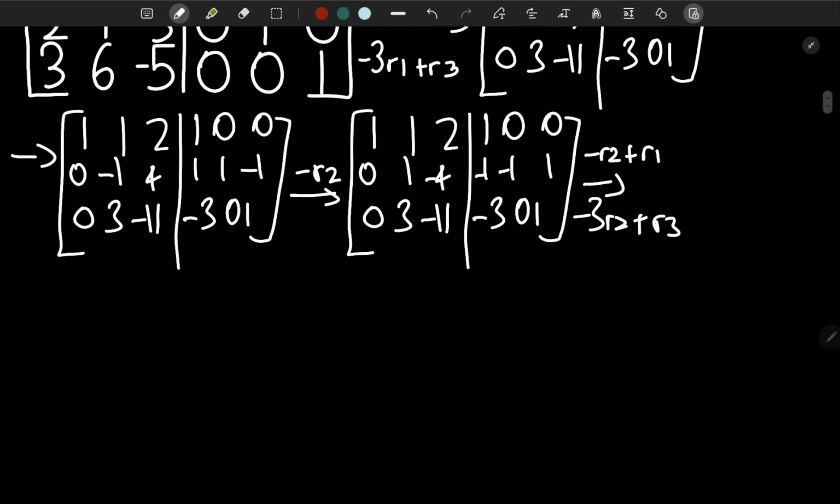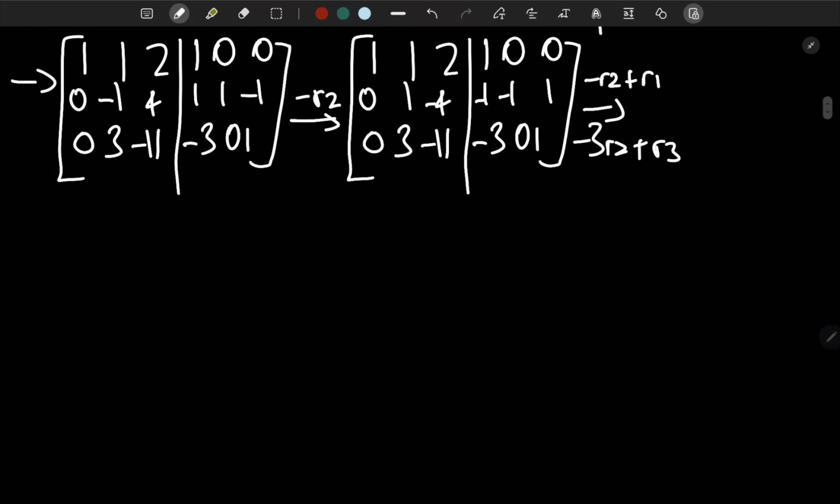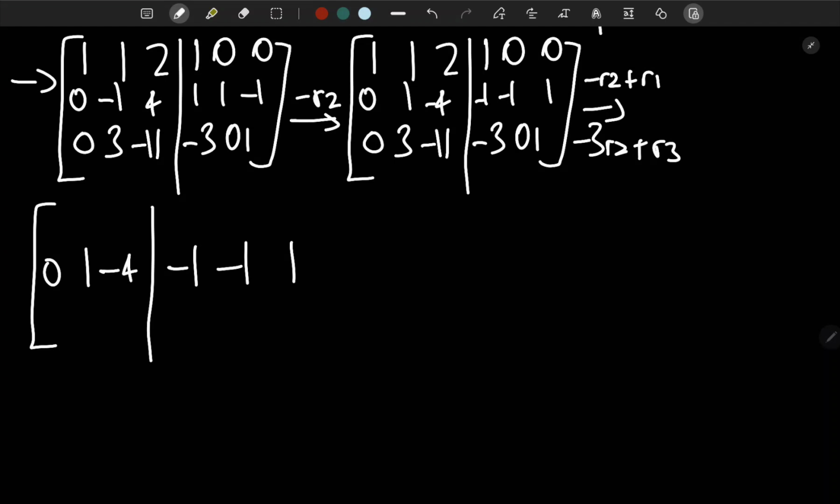And let me just scroll down now since I don't have enough space. So again, I'm not going to go into much detail. So here will be 1 0 6 and 2 1 minus 1, and here 0 0 1. So this is a perfect pivot, by the way. And we have 0 3 and minus 2.